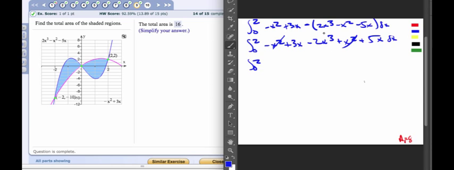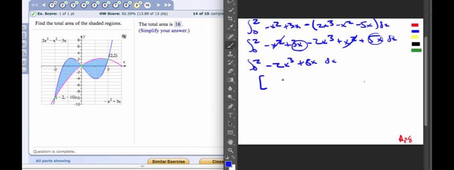We get a negative x cubed. We have these two which we can add together, and so we'd get negative 2x cubed plus 8x dx as our final integral.